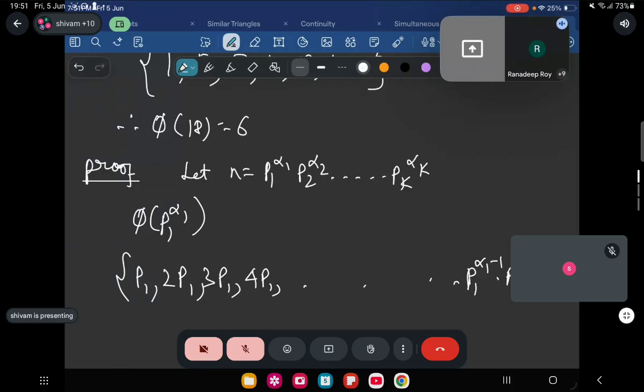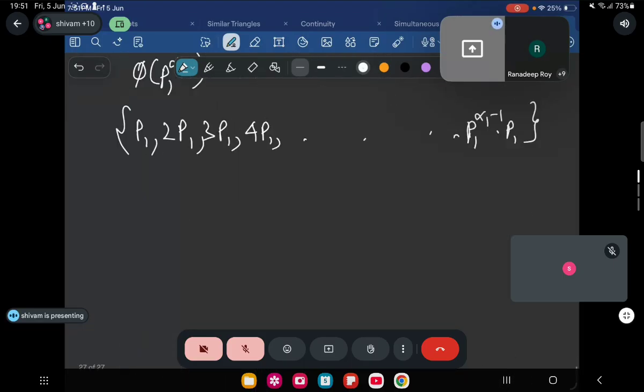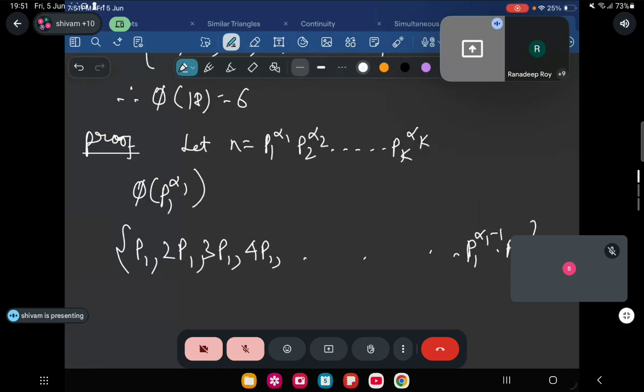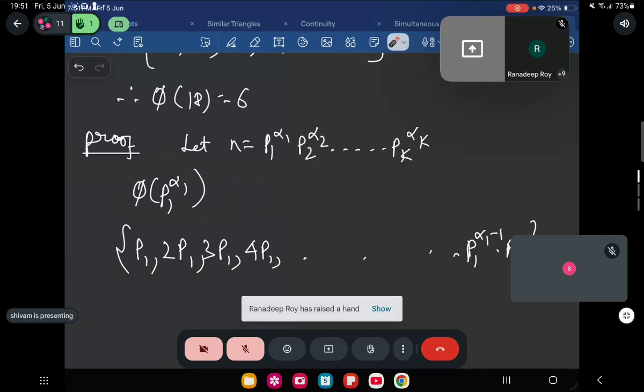Right, up to this much. These are the numbers which are less than or equal to p1 to the power alpha 1 and have a common factor with it. How many elements are there in this set? Calculate and tell me. Can you see this?